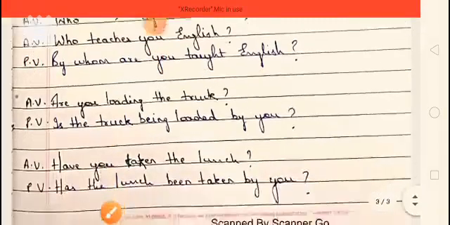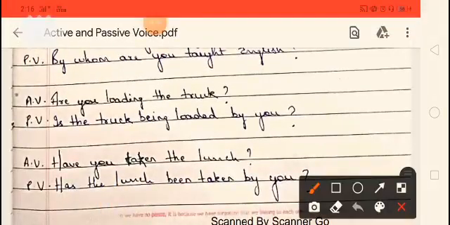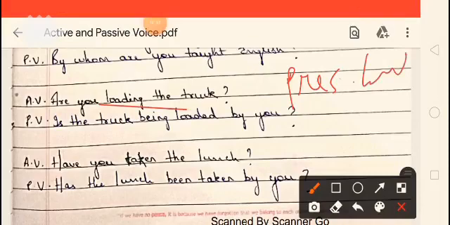Let's see the second sentence. Are you loading the truck? Here the sentence is in present continuous tense, because here are plus first form of the verb plus ing. So we will start it with the help of the helping verb.